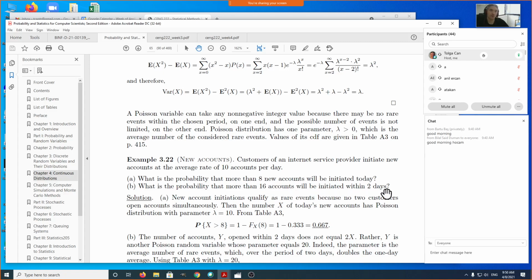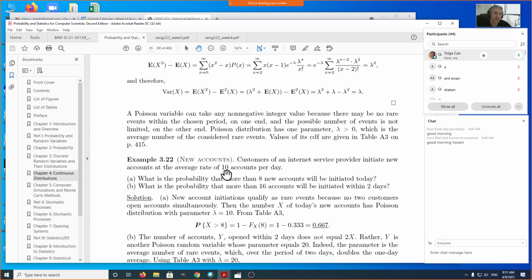For example, if you observe 10 accounts on average per day, obviously in 2 days your average observation is going to be 20, right? In a week, for example, in this company, assuming that weekdays and weekends are equally likely, when somebody asks you what is the average number of accounts per week, we will immediately say that it's 70, because there are 7 days a week.